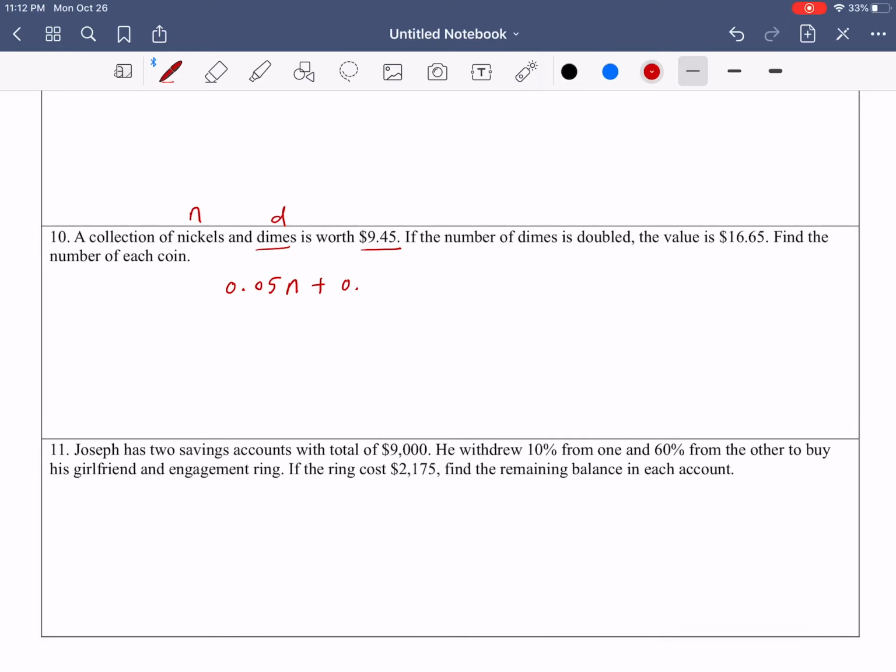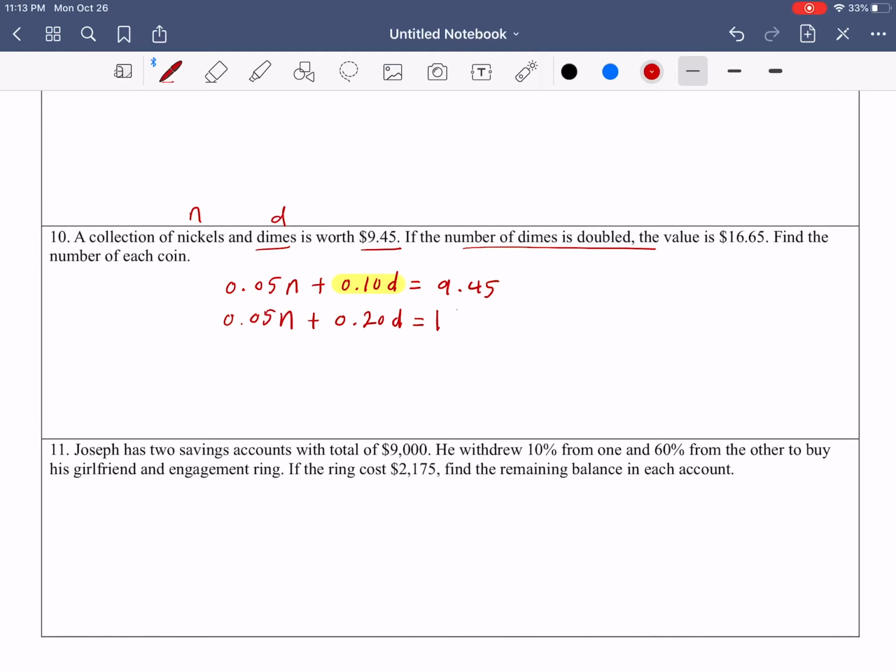So 0.10 D equals $9.45. And the question says, if you double the number of dimes, so do you see this dime? You're going to double it. The first one is going to be the same, but you're going to double this, which means 0.20.